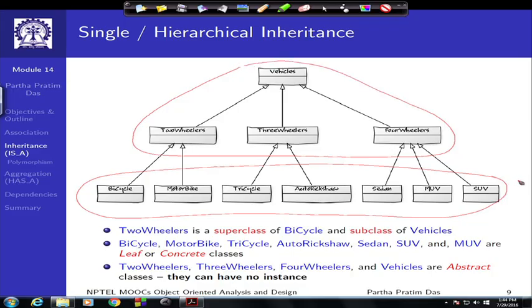A non-leaf class is not necessarily abstract. An abstract class will always have to be non-leaf, but a non-leaf class may also be a concrete class. We will explain later that this is not a very good style of design, but there are many hierarchies where non-leaf classes are also concrete classes. But you can never have a leaf class which is an abstract class.